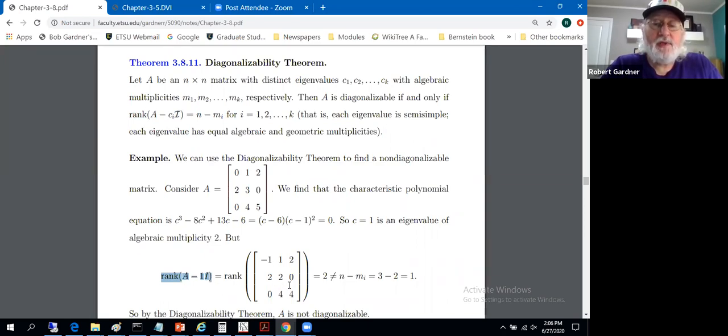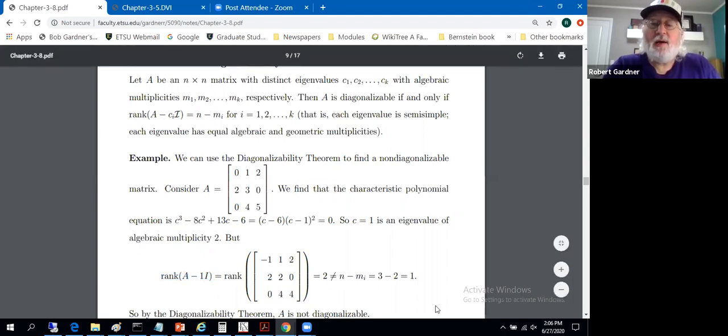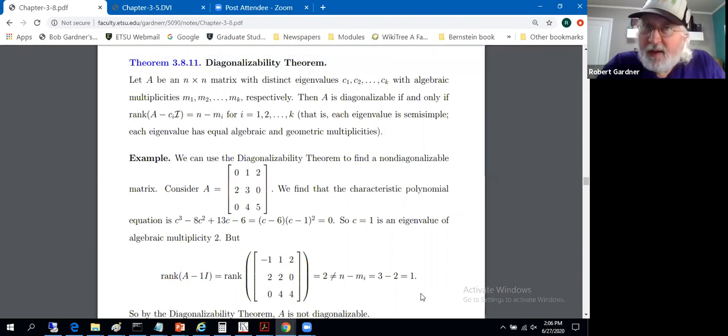That's this particular matrix. We just subtracted the identity. It reduces each of the diagonal elements in A by 1 to produce this. Do your thing of computing rank, row reduce and count pivots, for example. Trust me, that's going to give you 2. But that doesn't equal n minus m sub i.